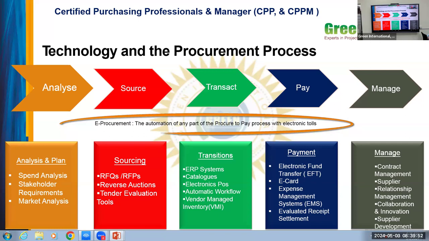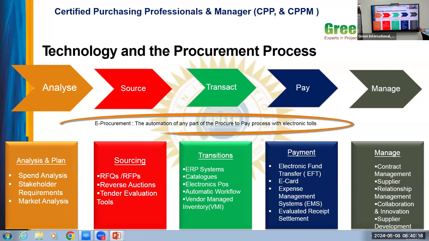Transact. When the actual process of receiving the goods and other things happens, the transaction starts happening. ERP system, catalogs, electronic purchase orders, automatic workflow, vendor managed inventory. Then is the payment. Once the goods have been dispatched or the work or the service has been done, how the payment will happen.